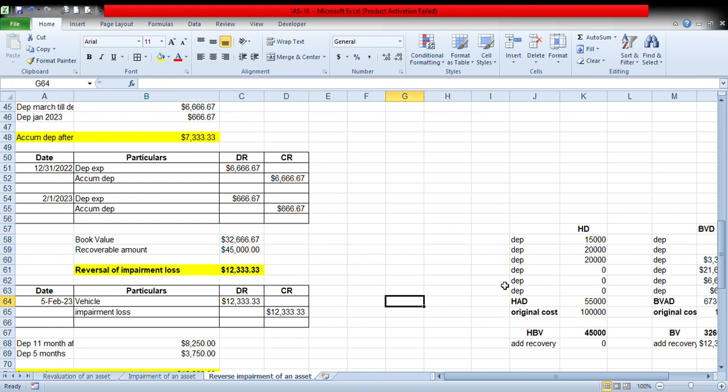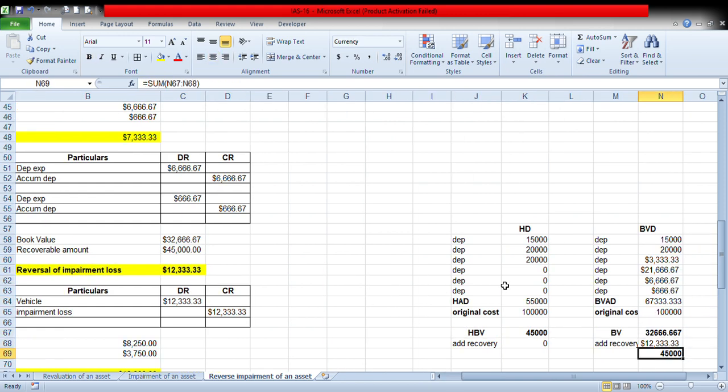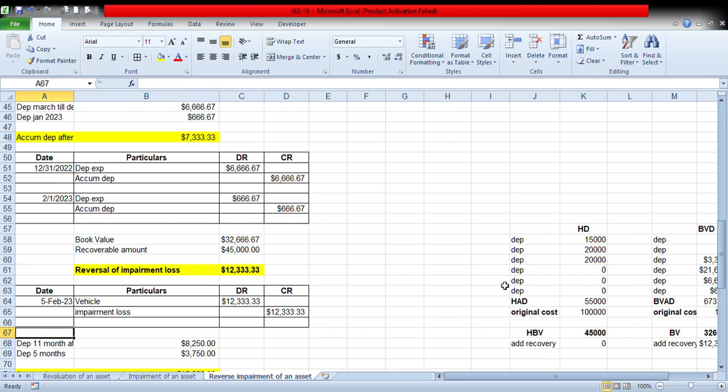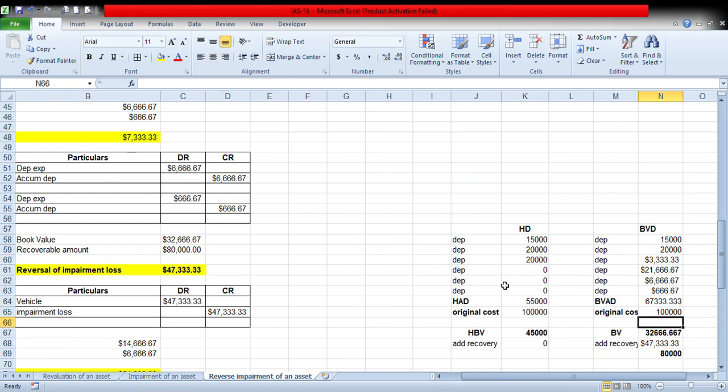So the point is that if I add the recovery, it always matches the historical. That's the point of limiting the recoverable amount reversal, because otherwise it will exceed. If I take 80,000 here, it will exceed 47,000, which is not possible in real life.